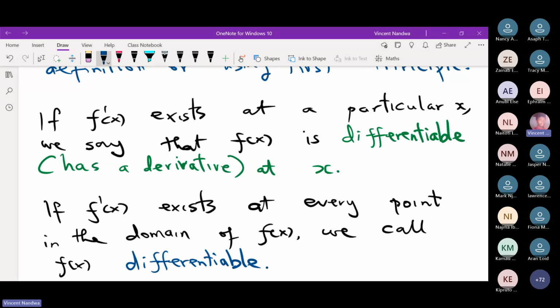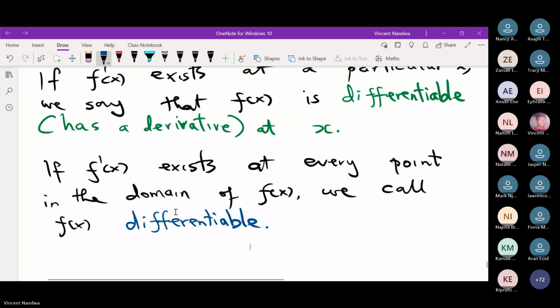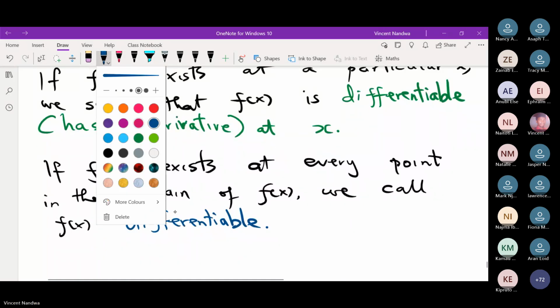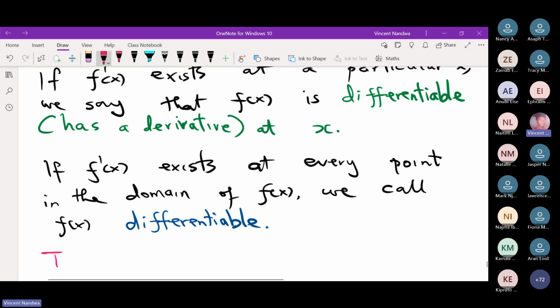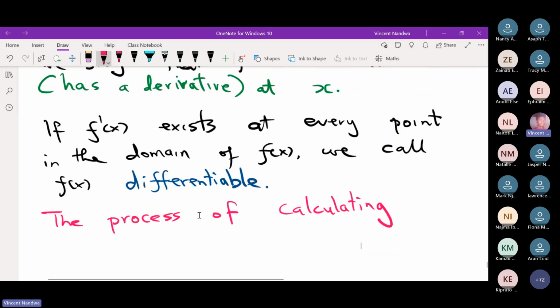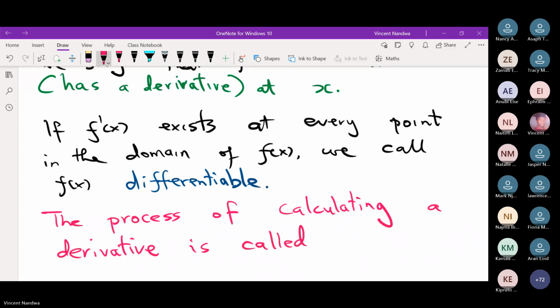So differentiation is now the process of calculating or finding a derivative. The process of calculating, computing or finding a derivative or derivatives is called differentiation.